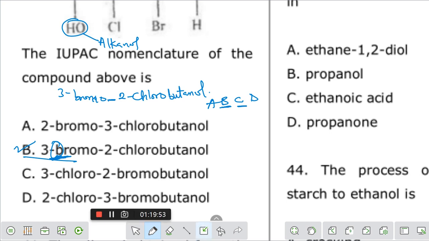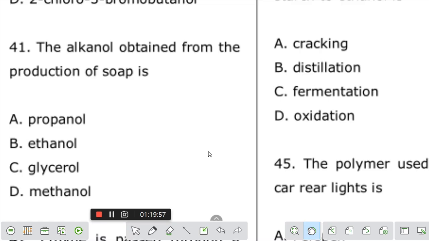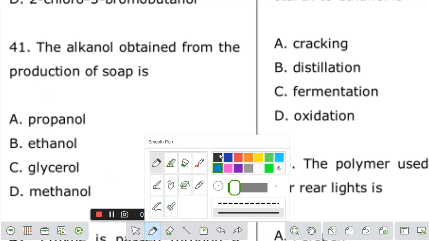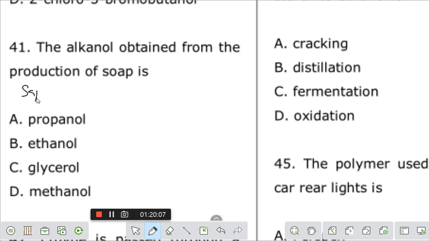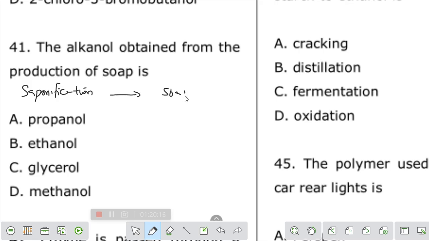So that's the answer. Let's continue. The one that cannot be obtained from the production of soap. I told you when I was teaching you about saponification, what does saponification lead to? Soap and what?